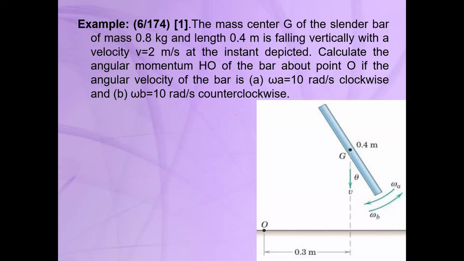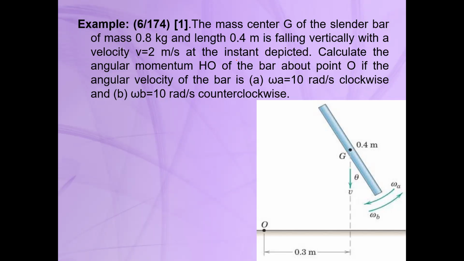Okay, we continue with one example. Here, the mass center G of the cylindrical bar of mass 0.8 kilogram and length 0.4 meter is falling vertically with a velocity of 2 meters per second.